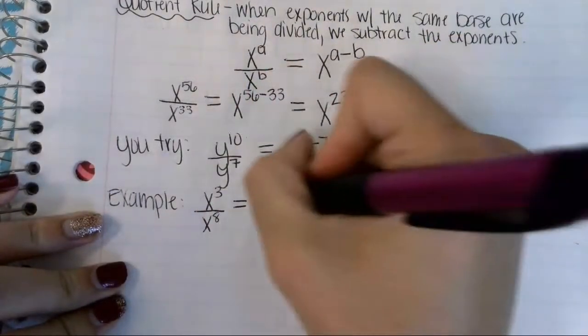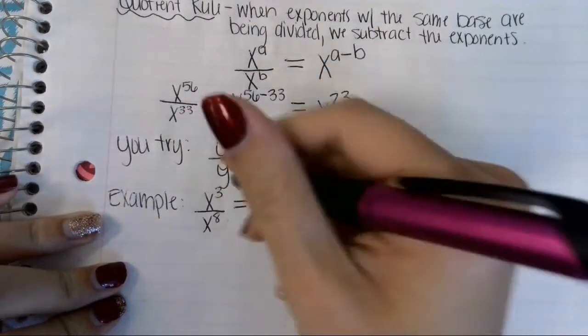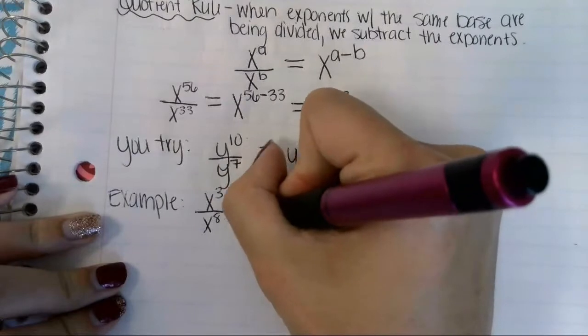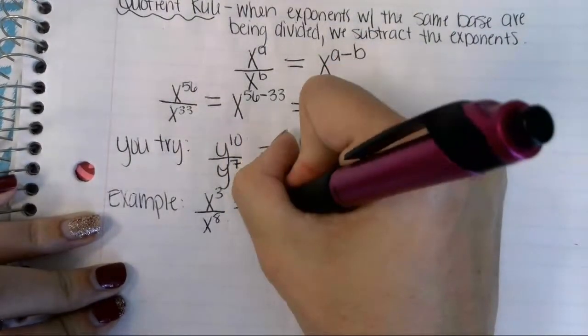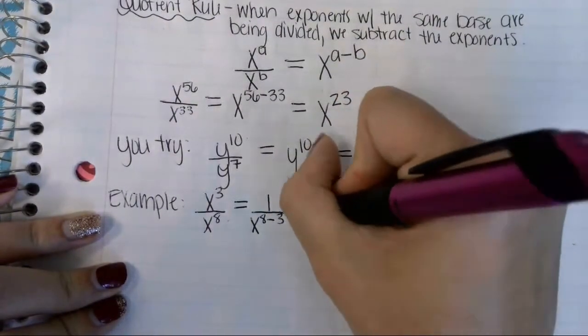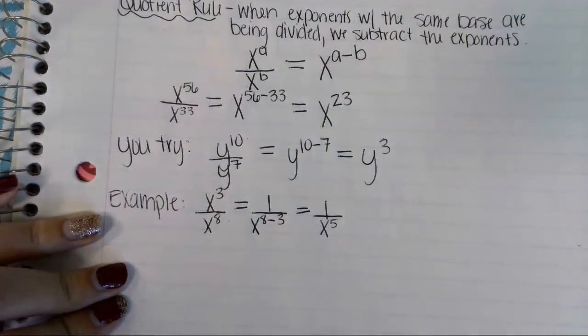So for this one, I'm going to move this to the bottom and subtract it, because we always subtract the one that we move. So it's going to be x to the 8 minus 3. And like I said, that leaves us with a 1 on top. So now I have 1 over x to the 5th.